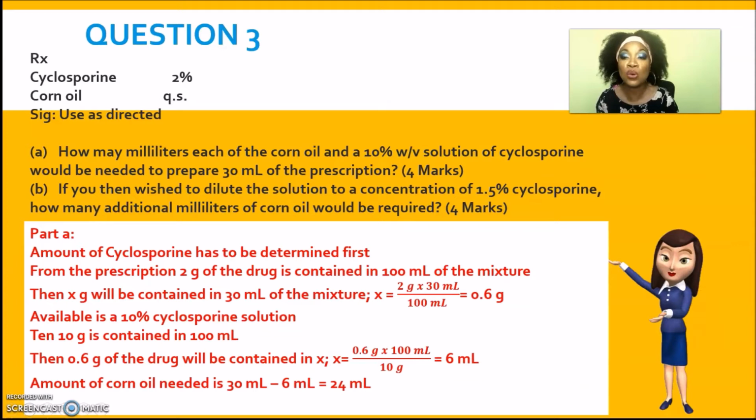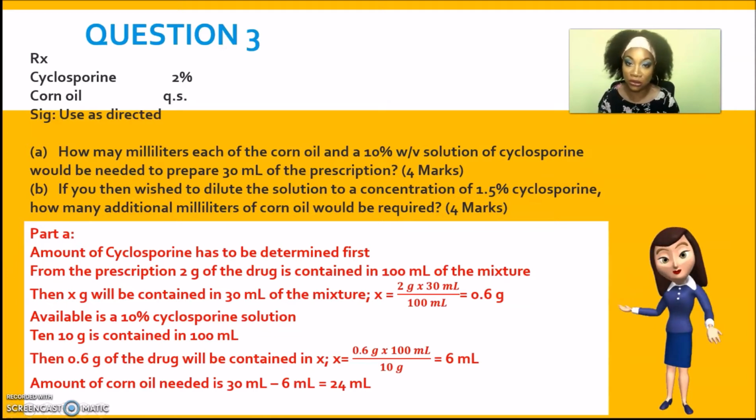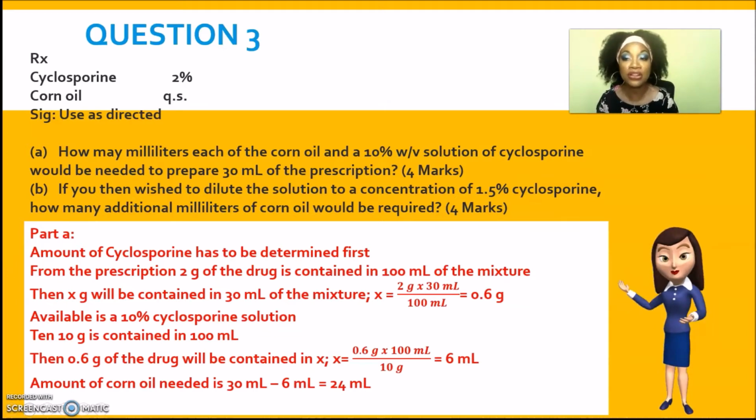This is the only way we are going to be able to determine the corn oil, because the corn oil we add in sufficient amount to whatever volume we wish to make. So the amount of cyclosporine that we have to determine is now going to be dependent on the final volume that we need to make, which the question tells us, which is 30 ml.